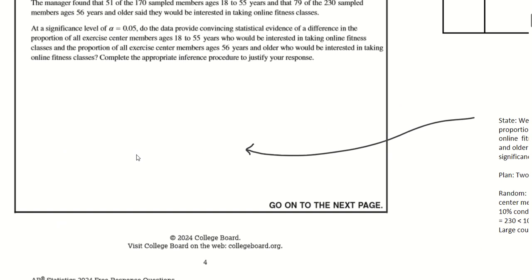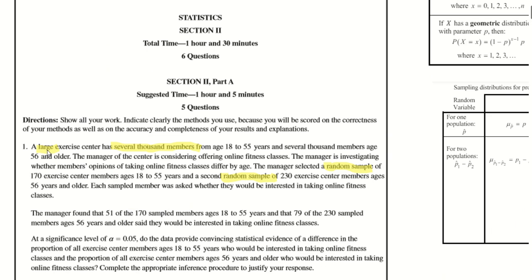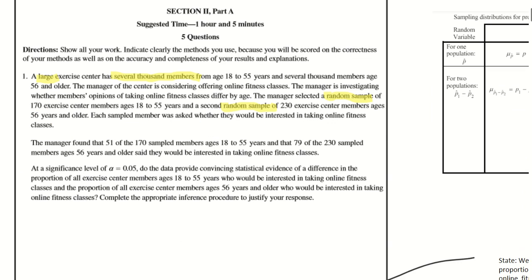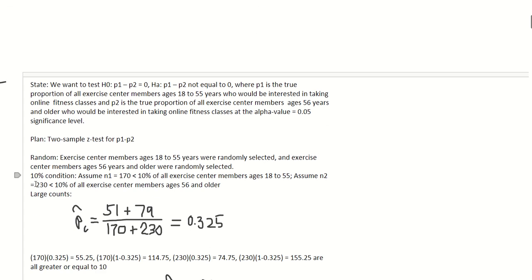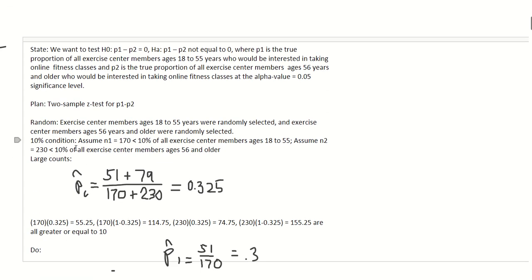We can assume that because in the beginning of the problem, they say a large exercise center with several thousand members. So we can assume that the 10% condition is met, and that basically all the observations are independent.